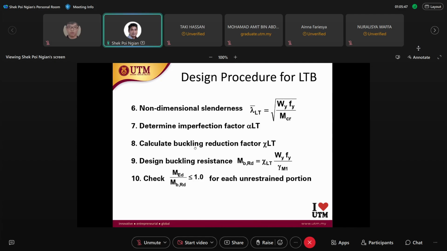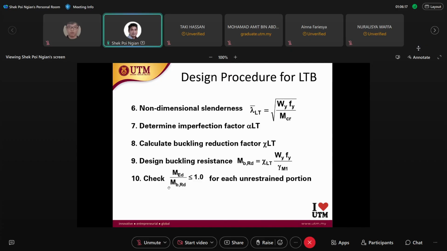And then we calculate the buckling reduction factor, chi LT. After that, we insert this reduction factor into our formula for MbRd. And then we compare MbRd with the applied bending moment. If the applied bending moment is less than the buckling resistance, it means the beam is safe to be used.